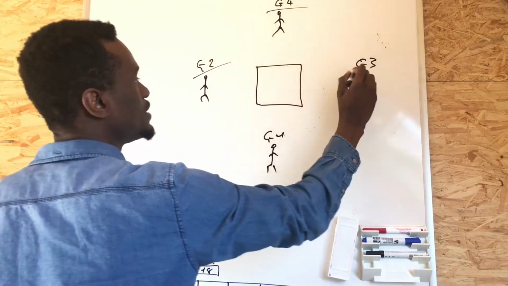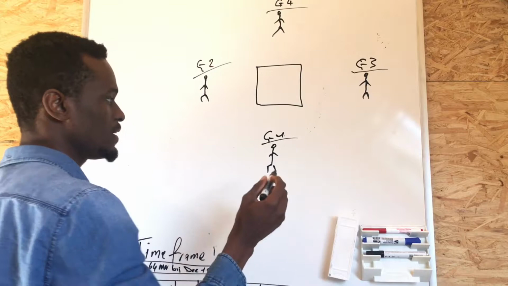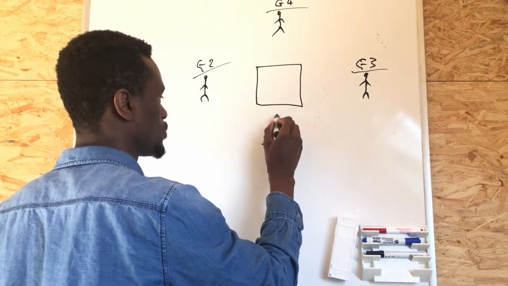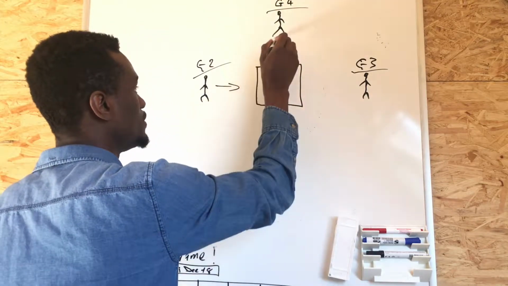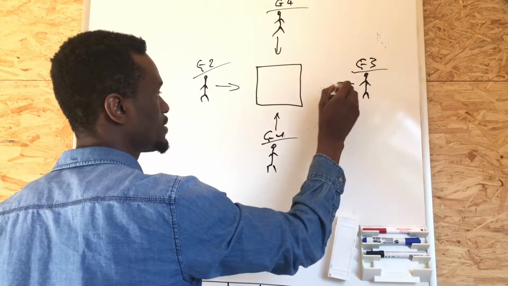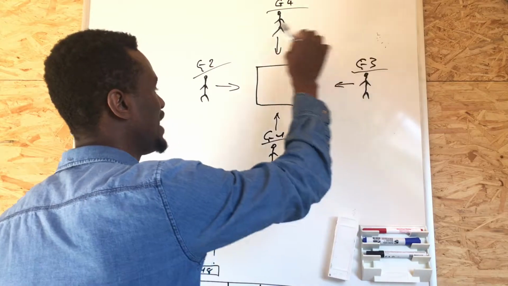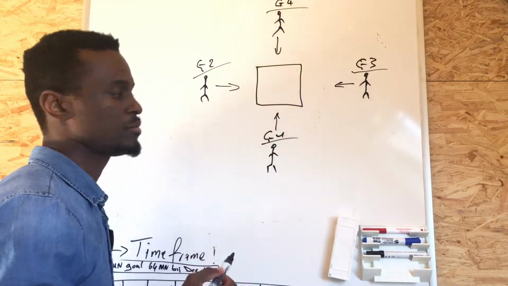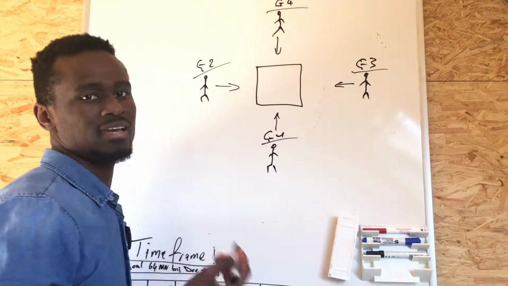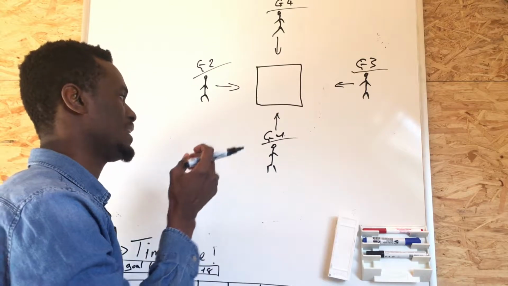You have these generals, they all plan to attack this fortress, right? But because of the geographical location, they have to come into consensus, into agreement of when is the right time to attack.